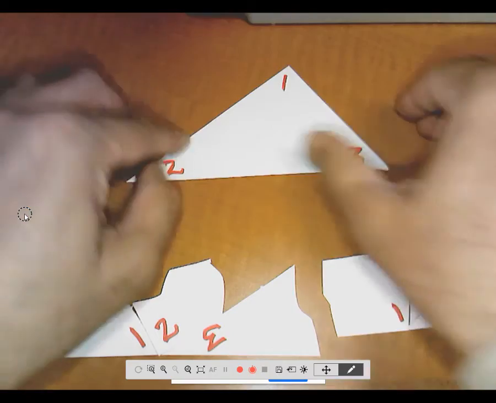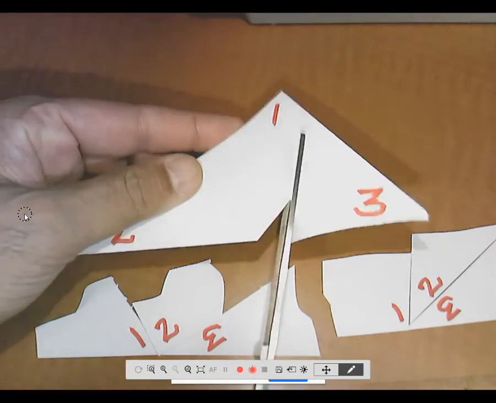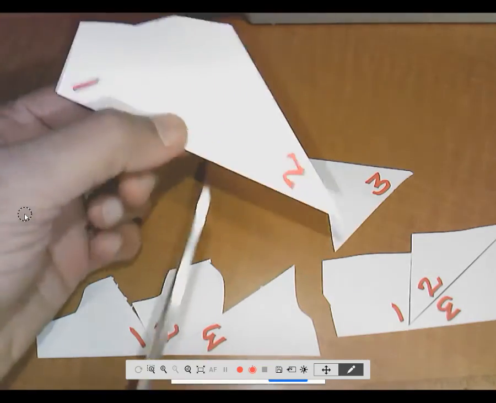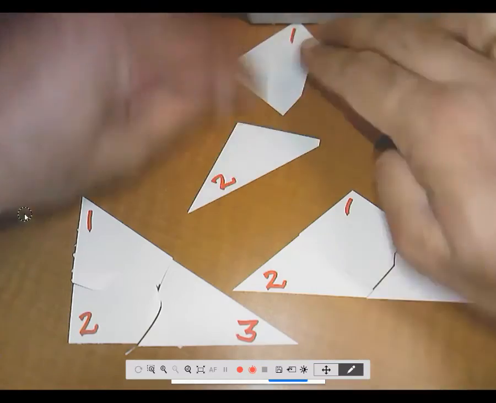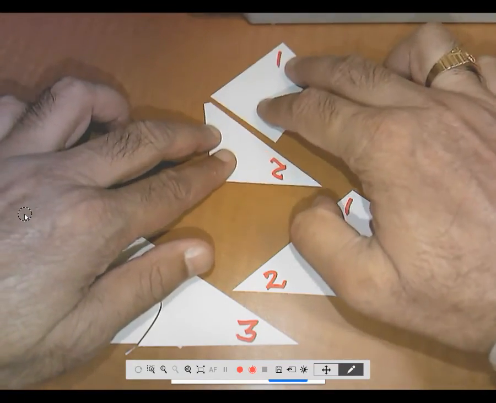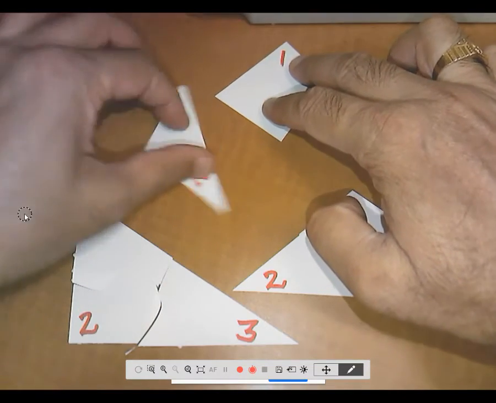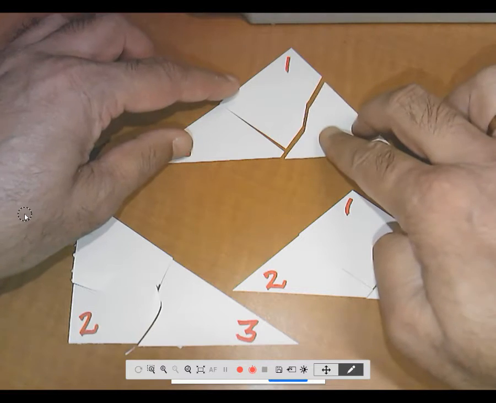Okay, now let's take the other triangle 2, and I'm cutting it into three pieces. Angle 1 is at the top, angle 2 is here, and angle 3 is here.